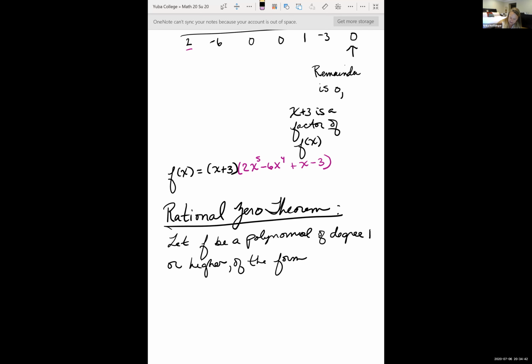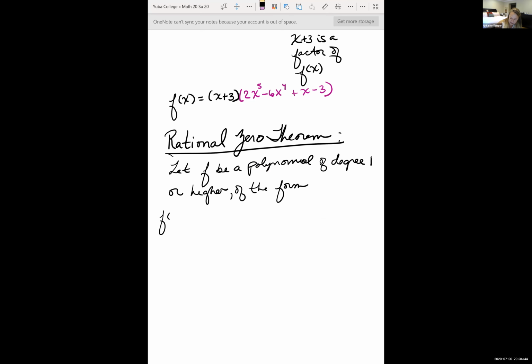So f of x is equal to a sub n x raised to the nth power plus a sub n minus 1 x raised to the n minus 1 power, so descending order of powers, plus dot dot dot plus a sub 1 x plus a sub 0. And our constant doesn't equal 0, and our leading coefficient doesn't equal 0.